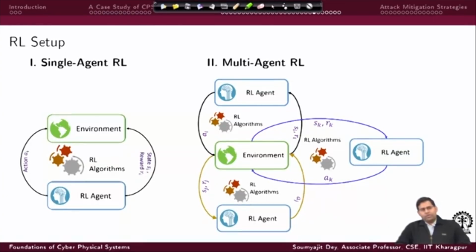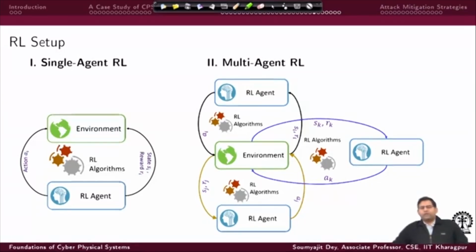So, in a nutshell, what the RL agent is supposed to do is try an action, and accordingly it will receive a state update, that the environment changes state from this to this, and you get this kind of reward. If there are multiple agents, each of them has its own actions, and based on that they can observe their rewards, and accordingly the agents learn what should be their optimal action so that the rewards are maximized.